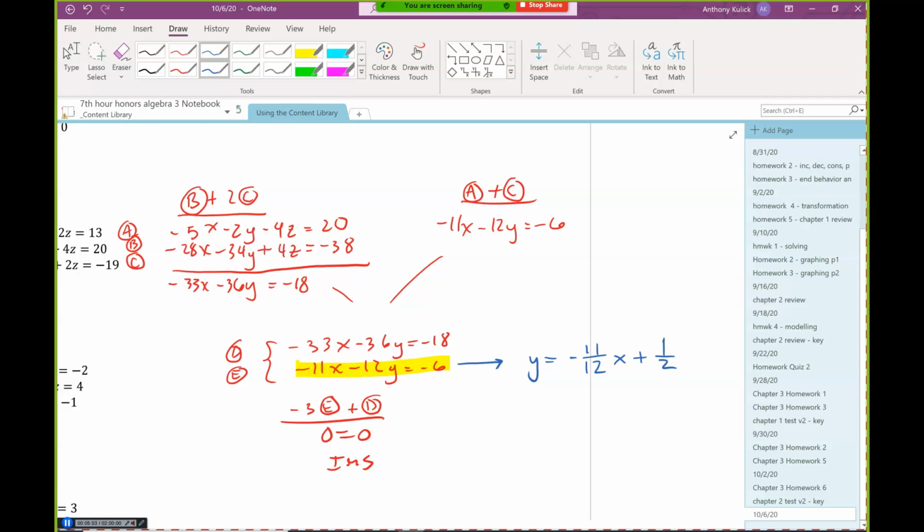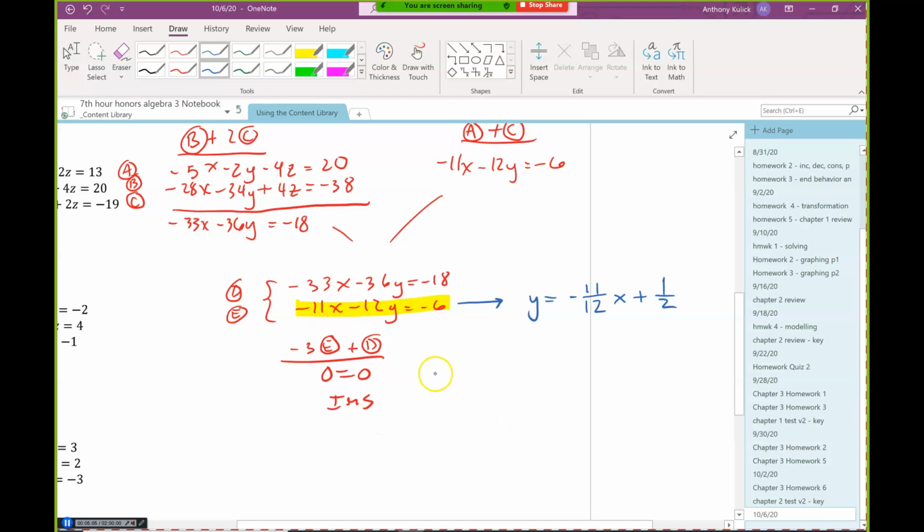So that's going to give us two parts to our answer. We know that y is negative 11 over 12x plus 1/2. Because that answer is written in terms of x, x is going to be my parameter. So that's just x.